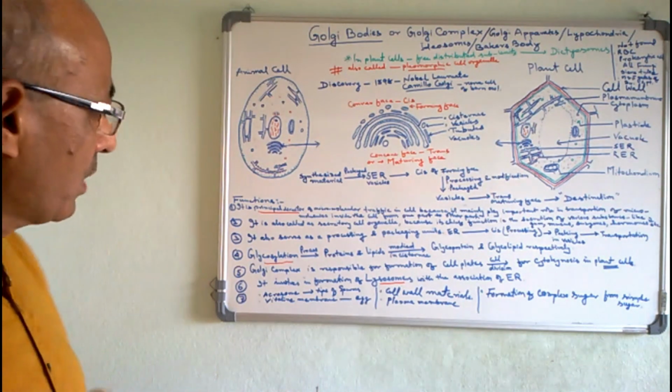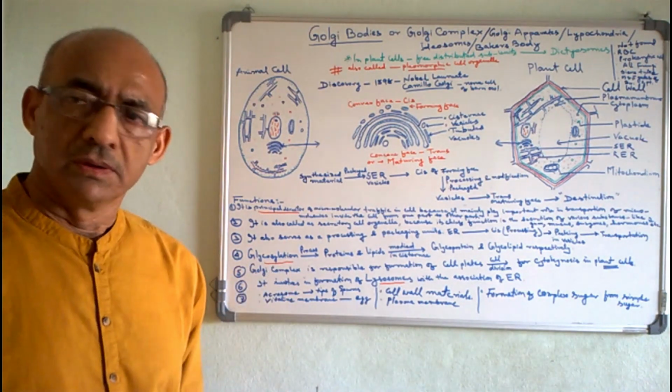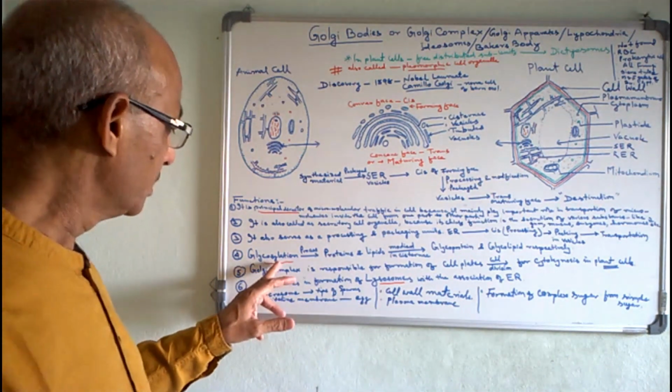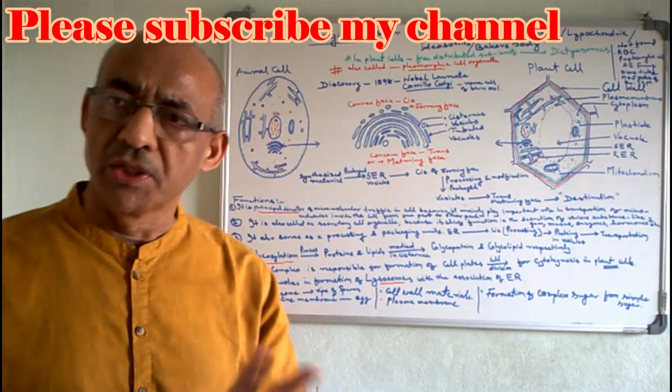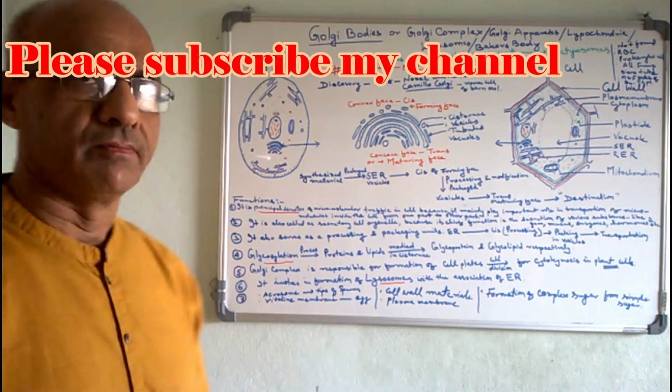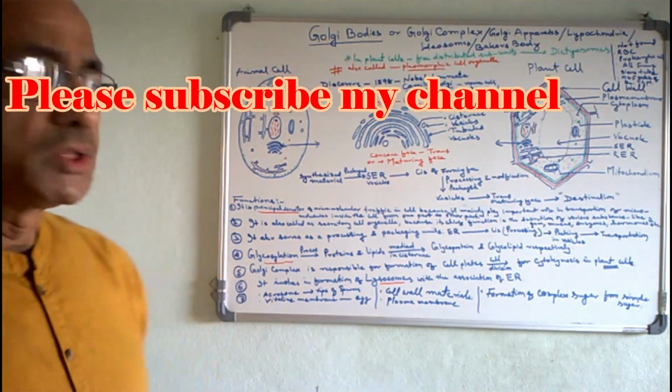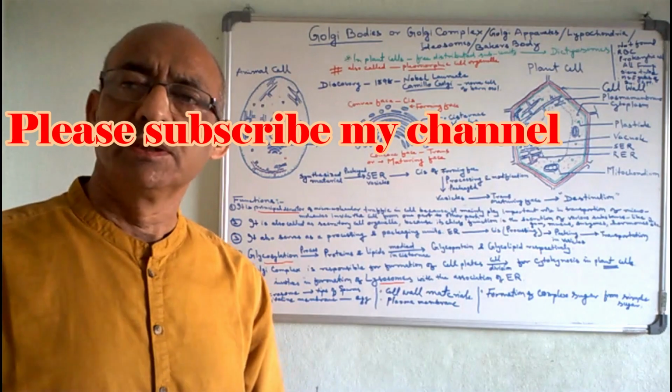Now the fourth function, which is a very important function. You should know this term. This term is very important. Remember this term, glycosylation, which occurs inside the Golgi bodies.